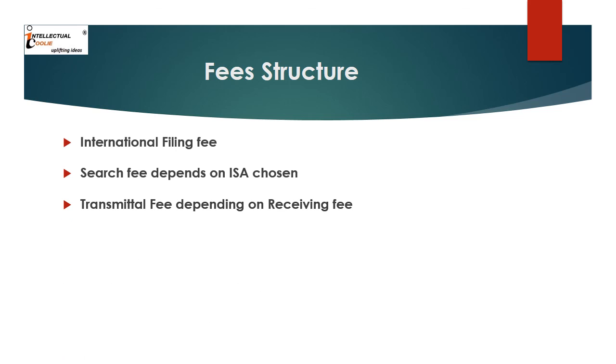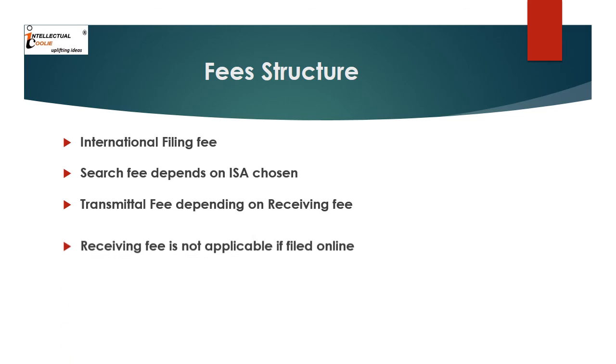Then the transmittal fee. This fee is taken by the receiving office to transmit your priority documents to the PCT. I already told you in earlier slides that whatever documents you file in your receiving office at the time of first filing or priority filing are transmitted from your receiving office to the PCT, and the receiving office takes some charge to transmit these documents.